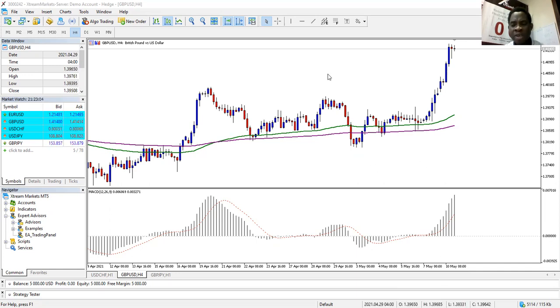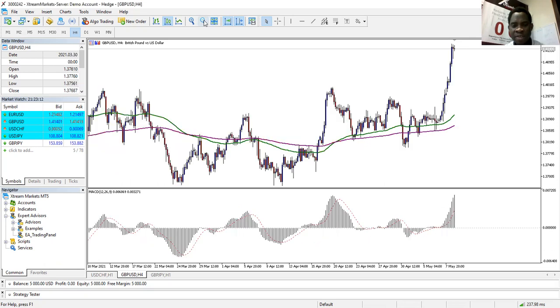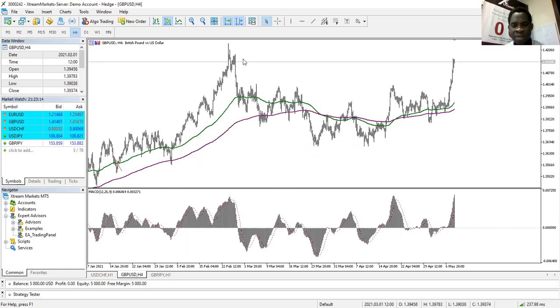But for us to get a very good understanding of what I'm saying, we might need to zoom the chart. Let's zoom it out so that we can understand it better. When you zoom out, you are able to get the specific points of the lows and the highs in a particular direction.